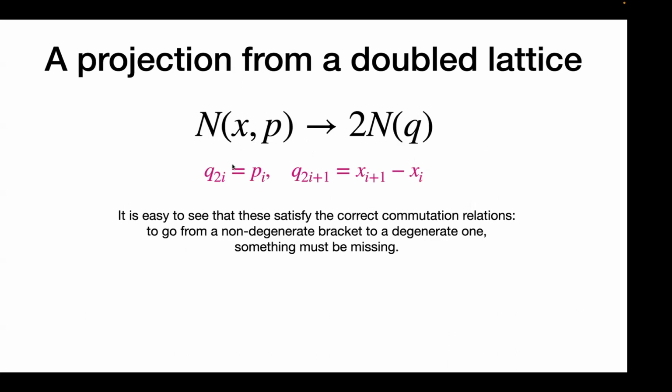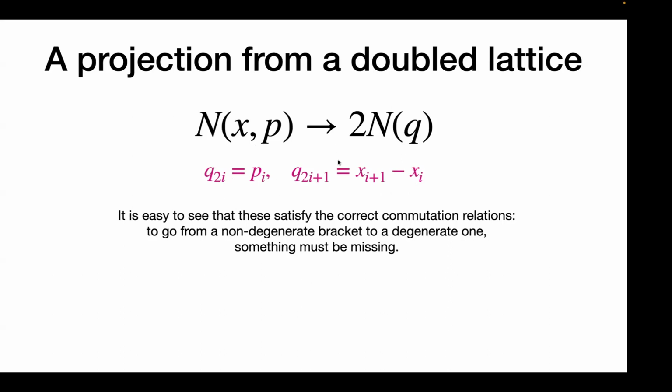My goal is to build from n copies of x and p, 2n variables q that have the same commutation relations that I gave you before. And one way to do it is to take the even q's to be the p's, and the odd q's to be the differences of the x's between the nearest neighbors. If you take the commutators of the q's built this way, you can verify that they satisfy the same commutation relations I gave you before.